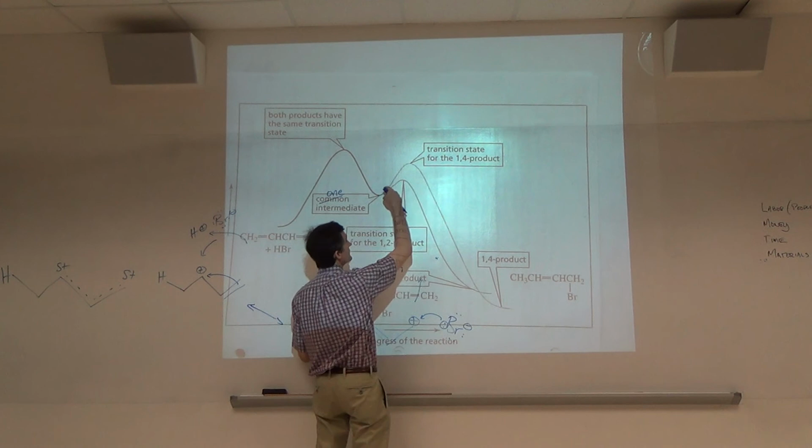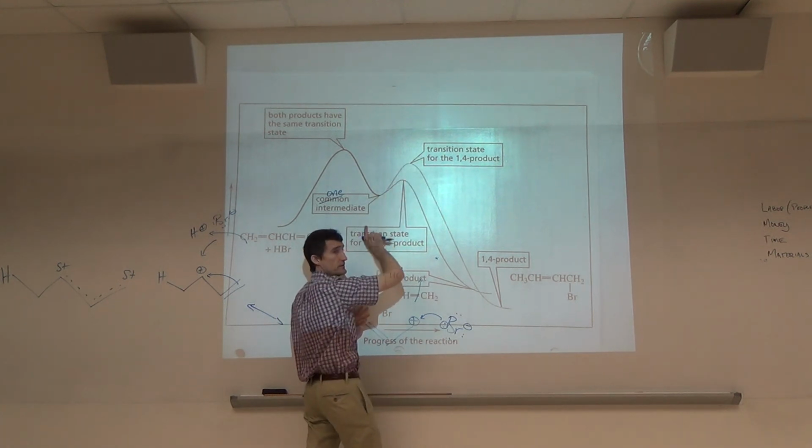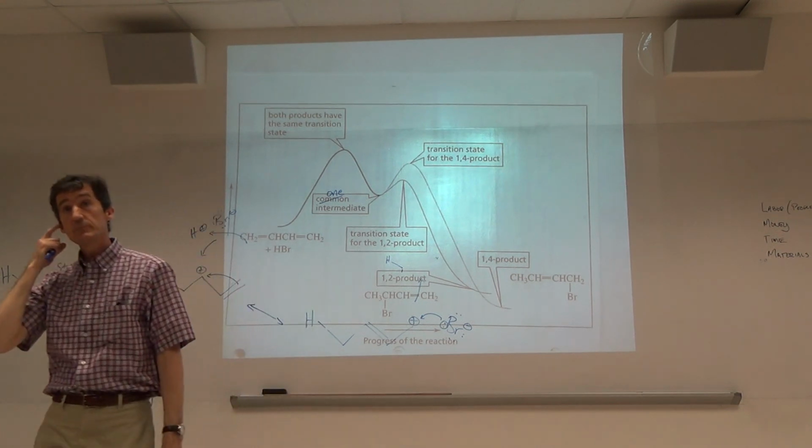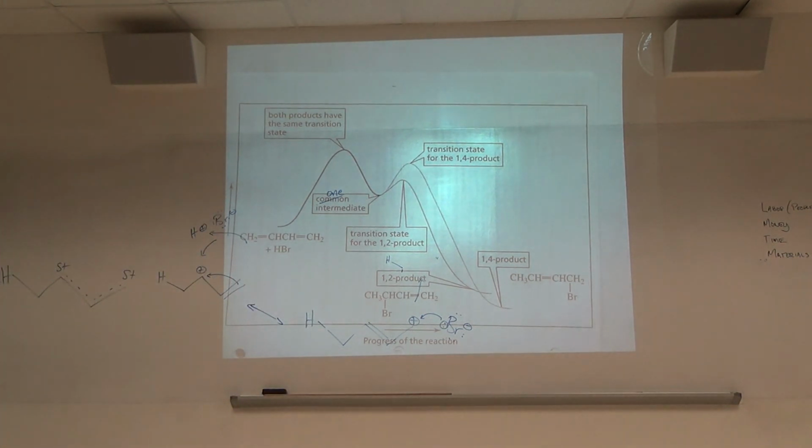It goes backwards, you push it over, and you set up an equilibrium. Whenever you set up an equilibrium, how do you judge which side is favored? The more stable side is favored. Which is more stable, the 1,2 product or the 1,4 in this case?